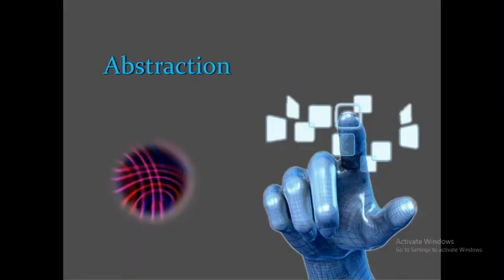So the next feature of the object oriented programming language, or the next pillar of object oriented programming, is data abstraction. You must have heard about the term abstraction. What does it mean? The term abstraction means to abstract. Suppose I am considering the example of a student.